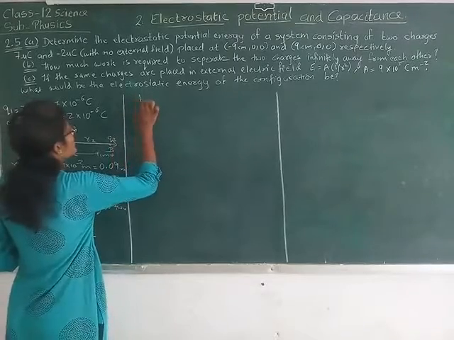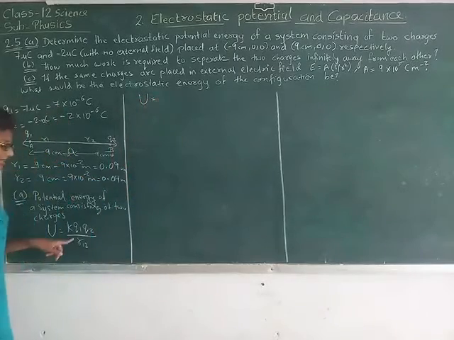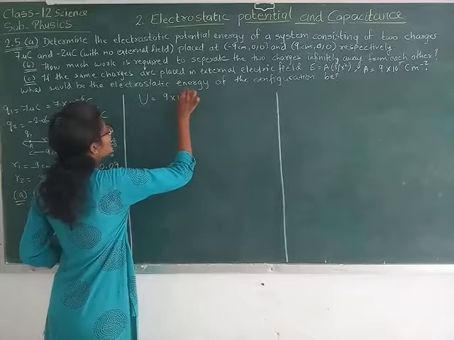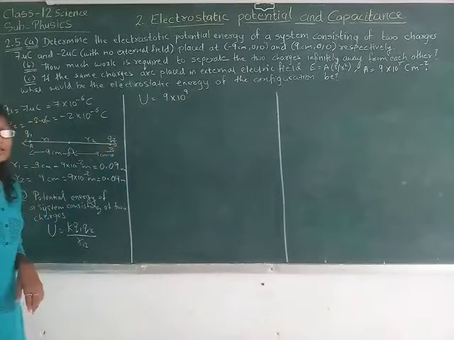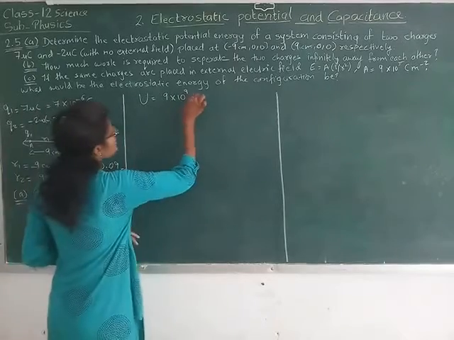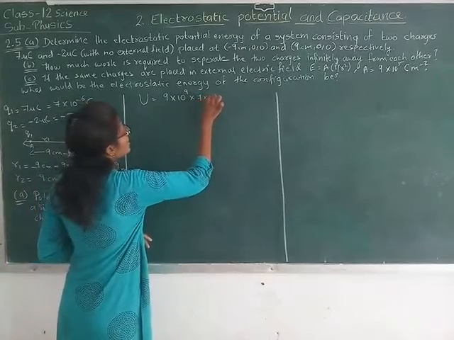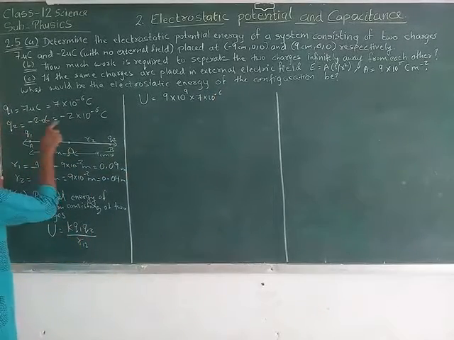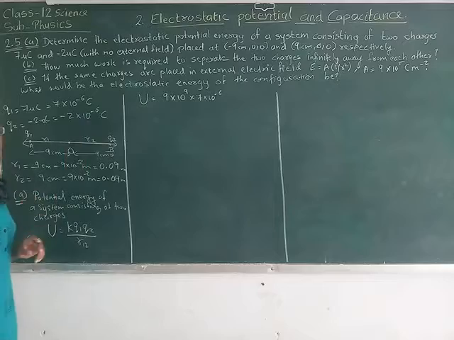So let us now substitute the values. Here K is the Coulomb's constant, so 9 into 10 raised to 9 newton meter square per coulomb square, right? Q1 charge is 7 into 10 raised to minus 6, into Q2. Q2 charge is minus 2 into 10 raised to minus 6 coulomb.